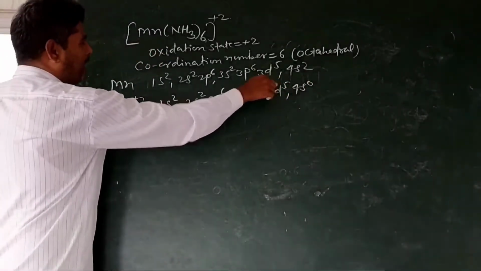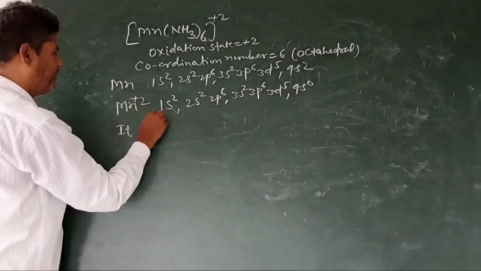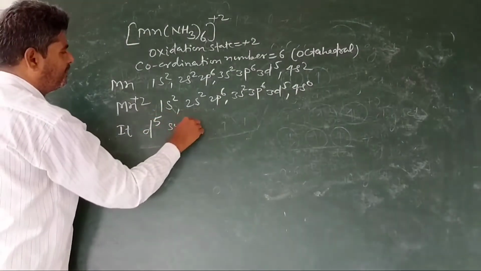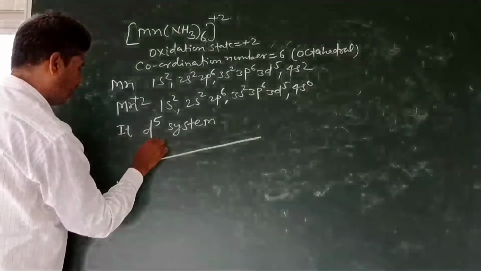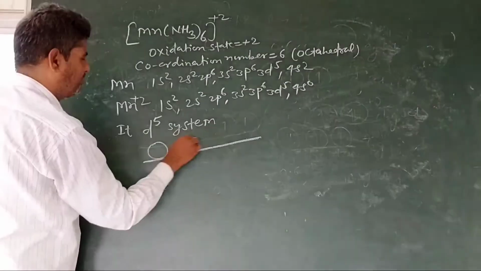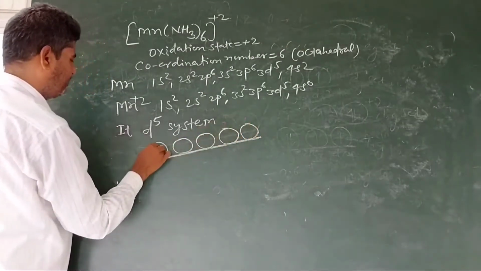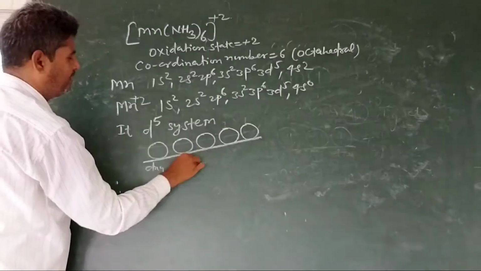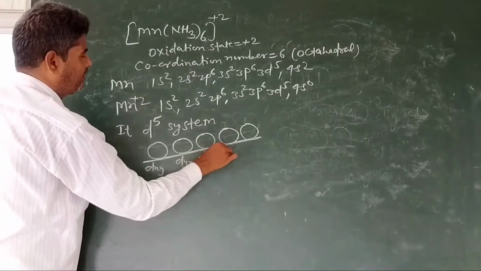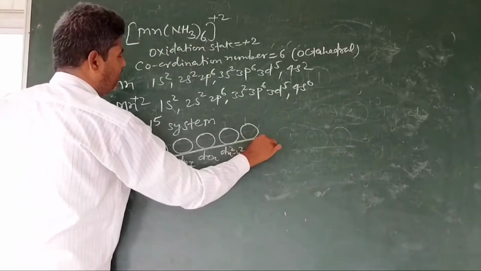It is a d5 system. The d orbitals are dxy, dyz, dzx, dx square minus y square, dz square.